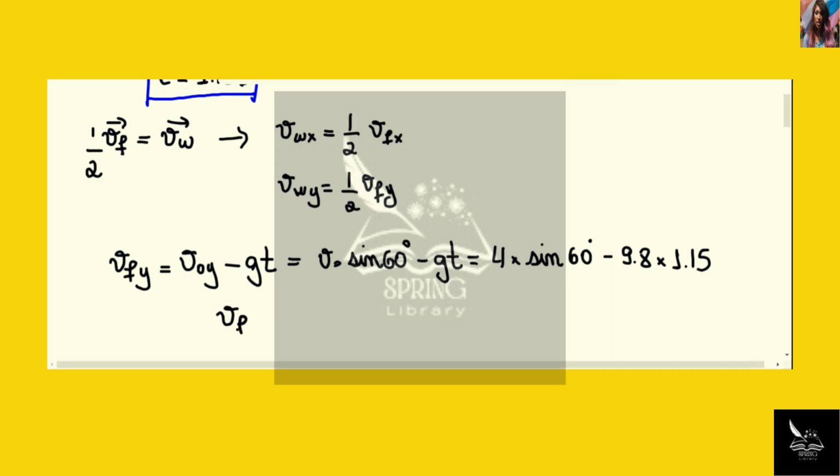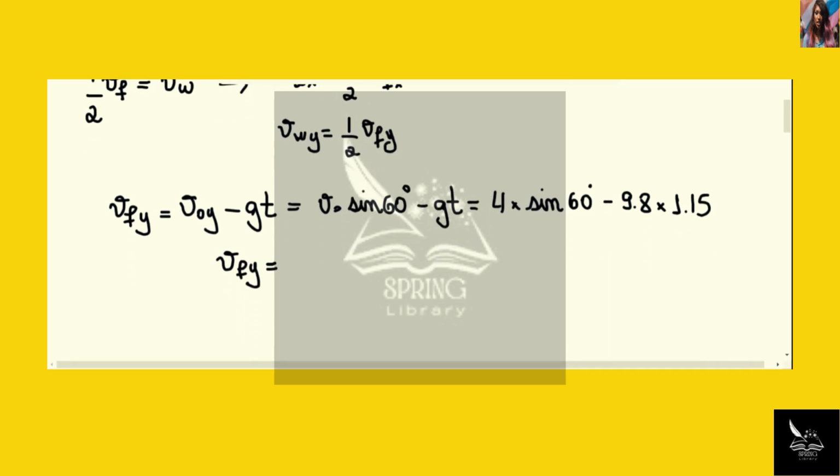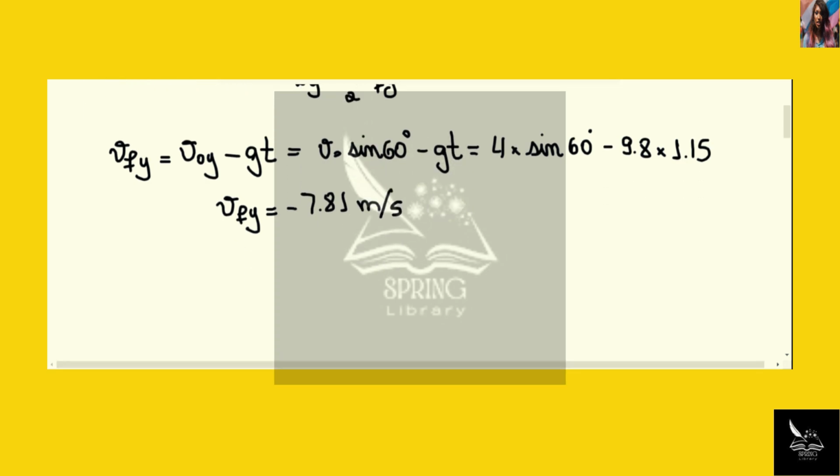So Vfy is equal to minus 7.81 meters per second. So the speed of the stone inside the water in the y direction, Vwy, is 1/2 of 7.81, which is minus 3.9 meters per second.